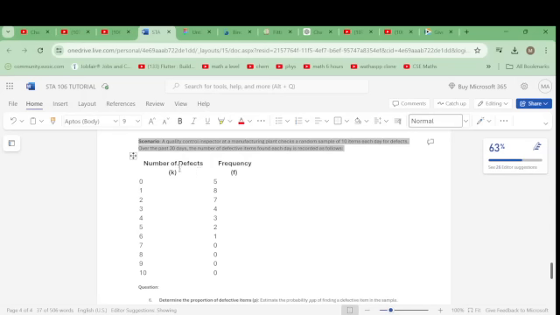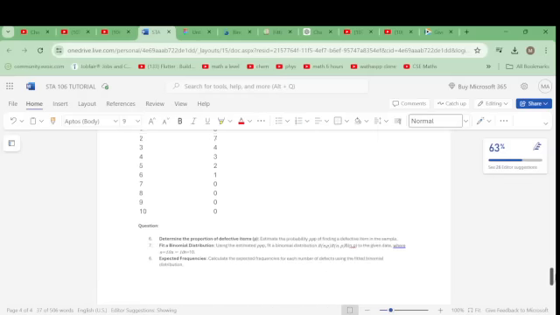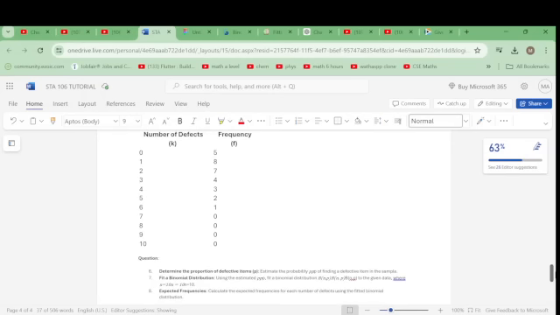It says when we have zero defects, we have a frequency of 5. In our last example, the first step is to take your calculator and input this data inside it. I'll take the calculator now, go to shift mode, then go to mode number 3, then number 1.